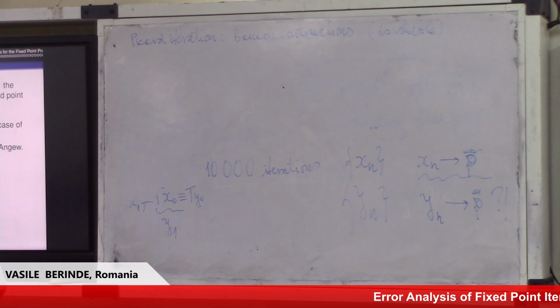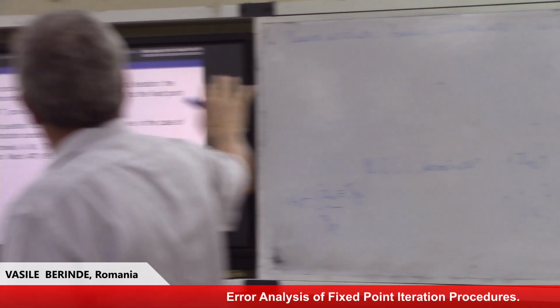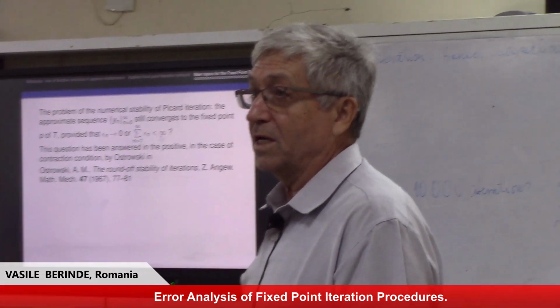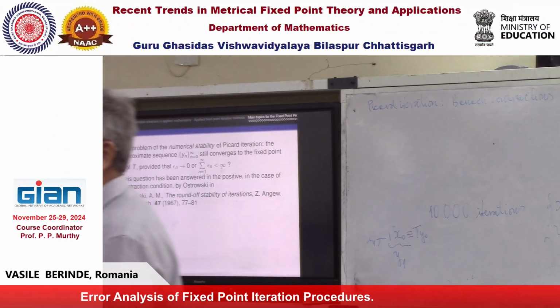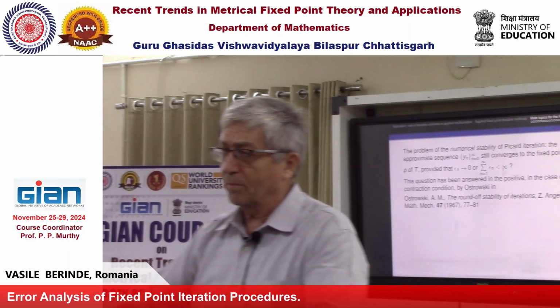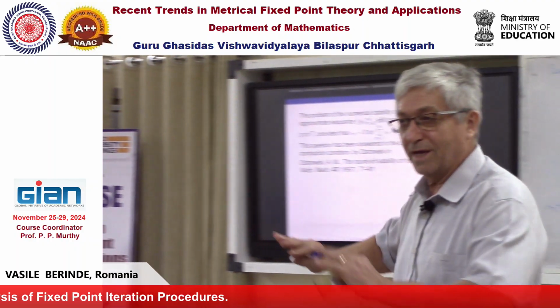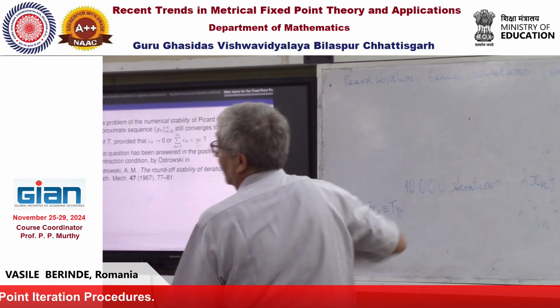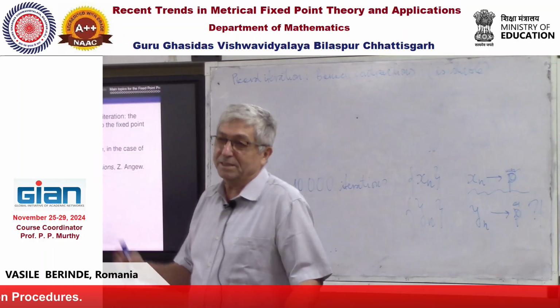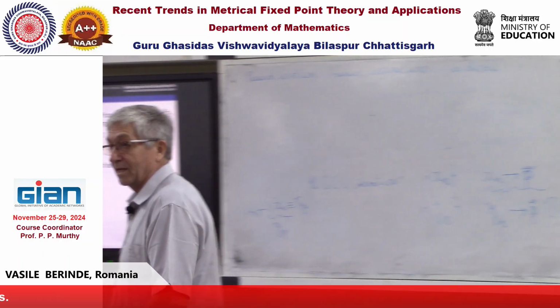Engineers are using this property, but they are not aware it exists. They just use the Banach contraction theorem for a problem, and the results are good. They work because the iterative scheme is stable, and they get good results.